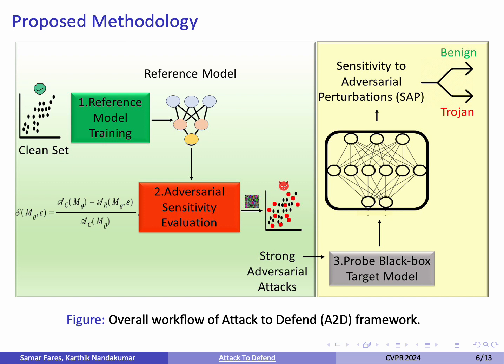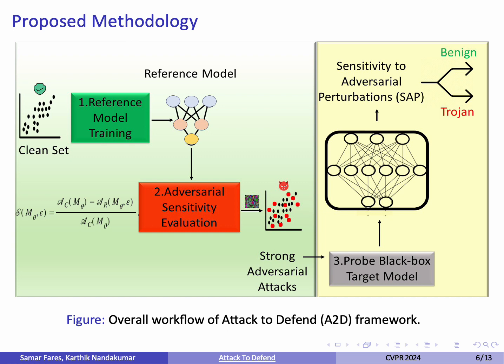The strength of an adversarial attack is primarily determined by the robust accuracy. So the defender can calculate the sensitivity to adversarial perturbations, SAP, of the reference model, which is defined by the relative reduction in accuracy caused by the adversarial samples generated using a specific perturbation bound epsilon.